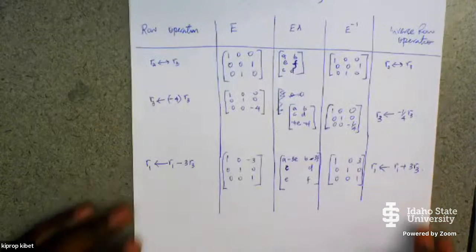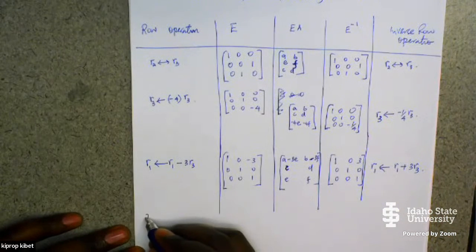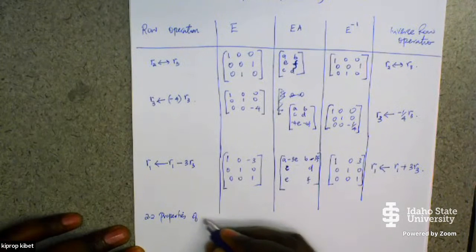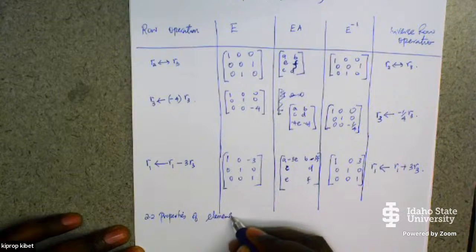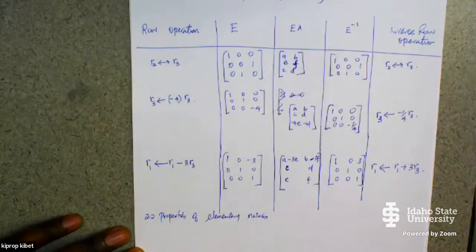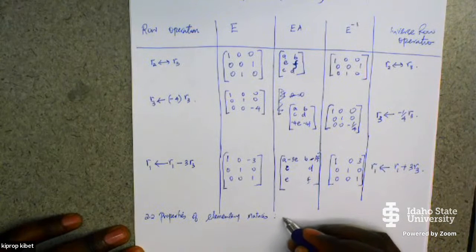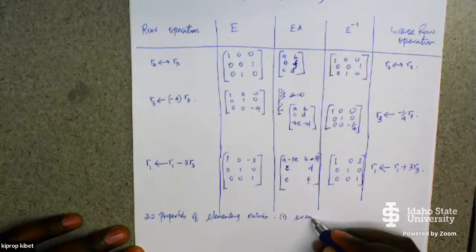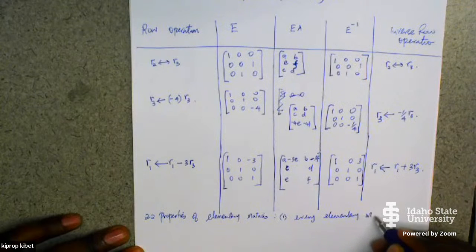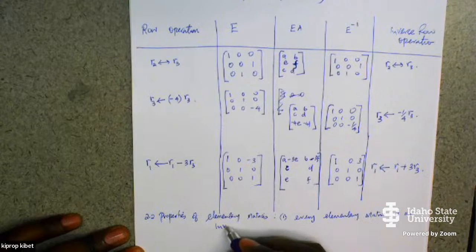Okay, now let's write the properties. 2.3 Properties of elementary matrices. So what happens for the elementary matrices? Let's write the properties. Number 1, every elementary matrix is an invertible matrix.